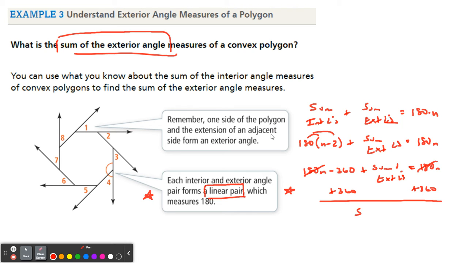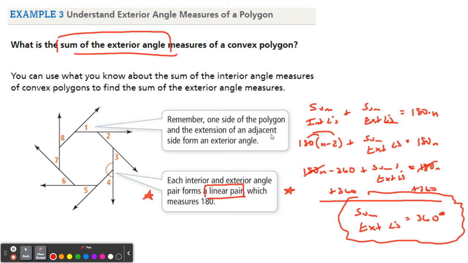And there you go. The sum of the exterior angles of your polygon is going to be 360 degrees. Notice it has nothing to do with n. This is always the case for any polygon. The sum of those exterior angles is 360 by this little algebraic proof.